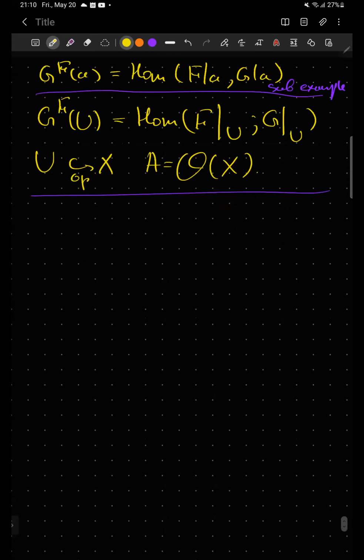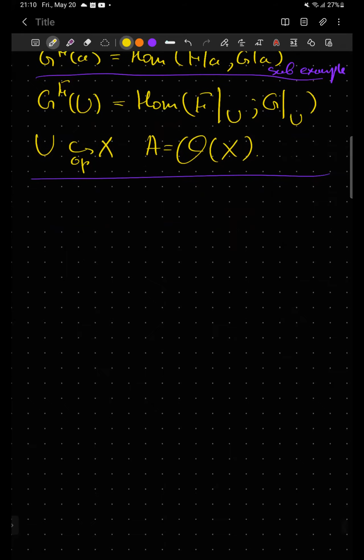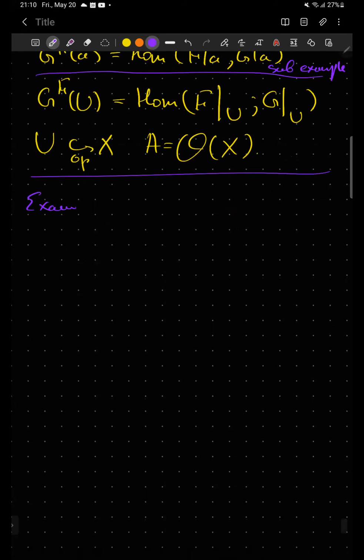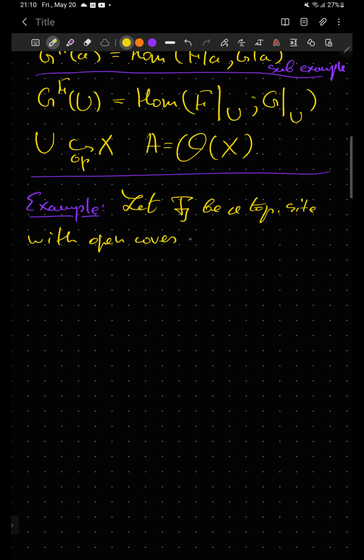Okay, so let me give another example. Let T curly be a topological site, so an open cover topology or topology of open surjections.